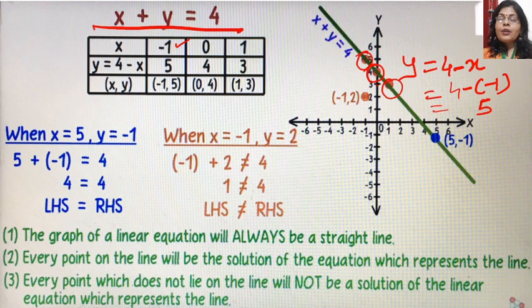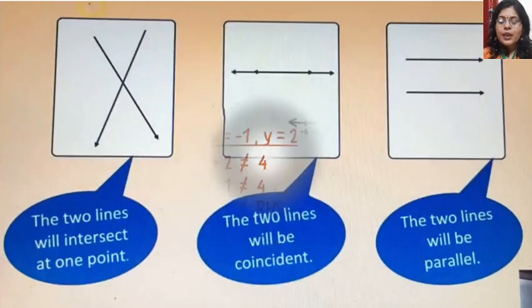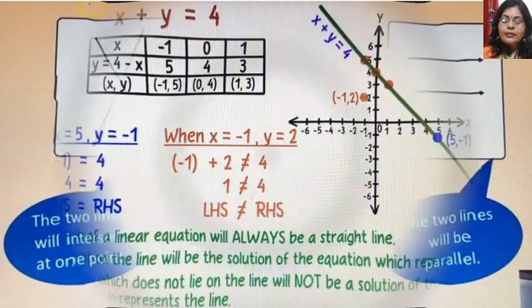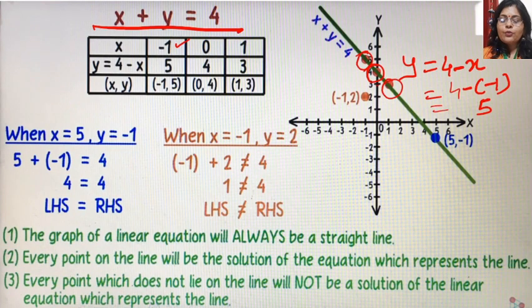Now, what was told to you earlier is that if the x and y values satisfy LHS and RHS, it will necessarily be the solution. So we put x equal to 5 and y equal to minus 1. We got the answer 5 plus minus 1 equal to 4.